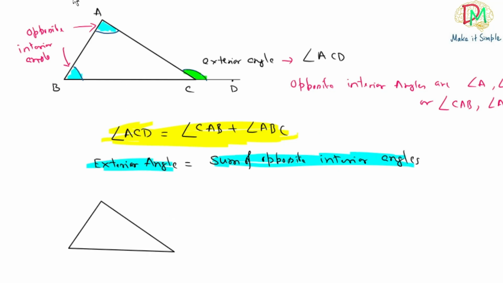How can you prove that? Let's consider one triangle ABC and BC extended to D. So this is the exterior angle. Now from the angle sum property, we know that angle A plus angle B plus angle C is equal to 180 degrees.